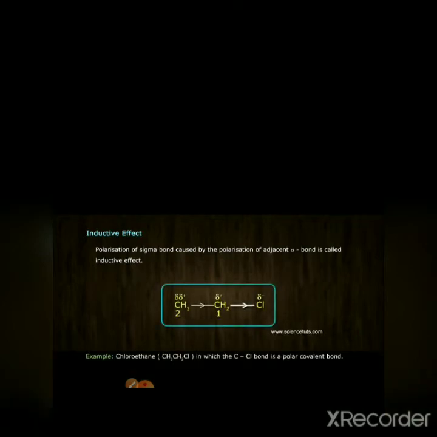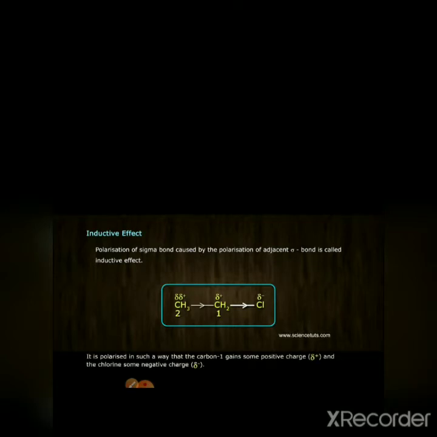Inductive effect. Polarization of a sigma bond caused by the polarization of an adjacent sigma bond is called inductive effect. Example, chloroethane CH3CH2Cl, in which the C-Cl bond is a polar covalent bond.